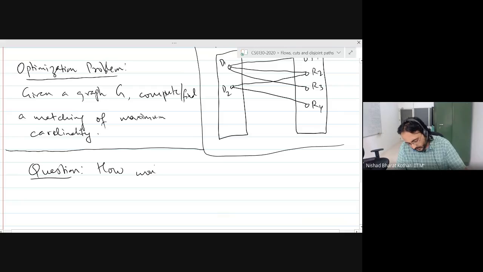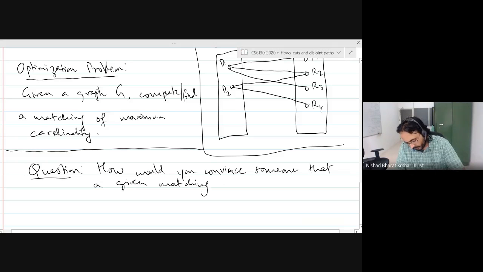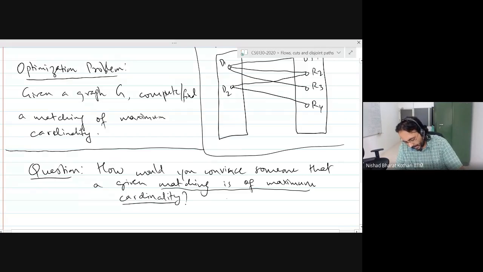How would you convince someone that a given matching is of maximum cardinality? Rather than saying matching of maximum cardinality, from now on I will just say maximum matching.